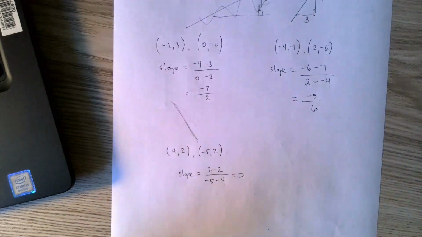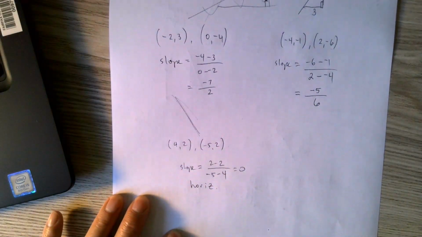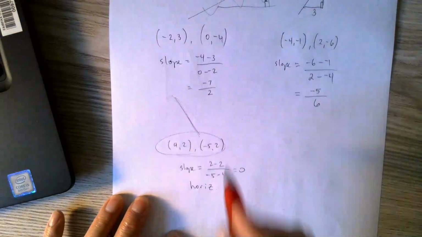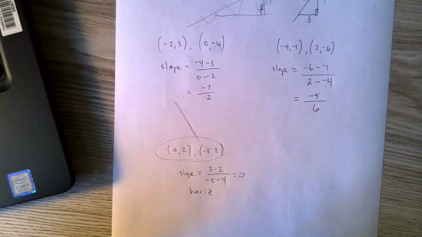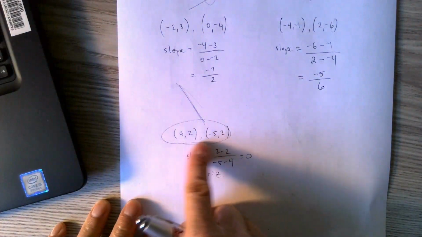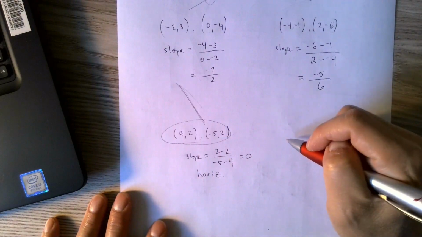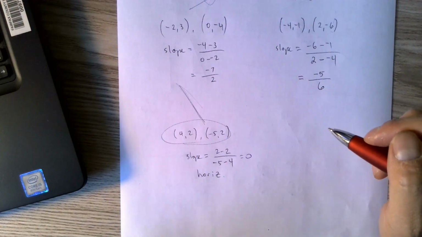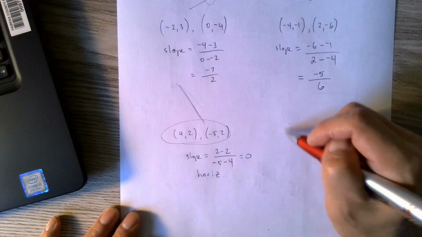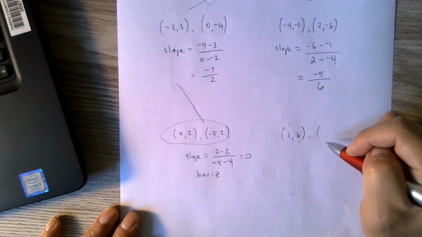That gives us 0, which means that this line is a horizontal line. And if you think about it, those 2 points lie on a horizontal line. So even before you calculate the slope, probably you would have noticed that. And then in a vertical line situation, the abscissas would be the same for every point.